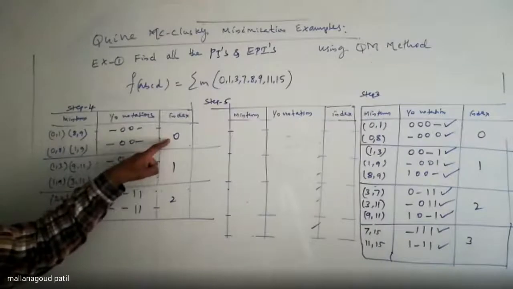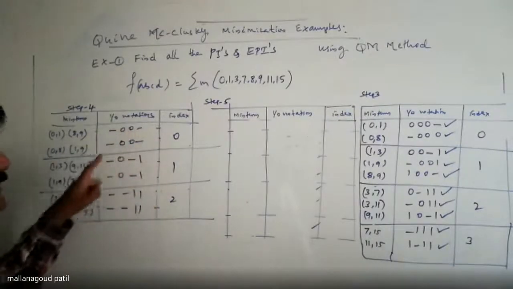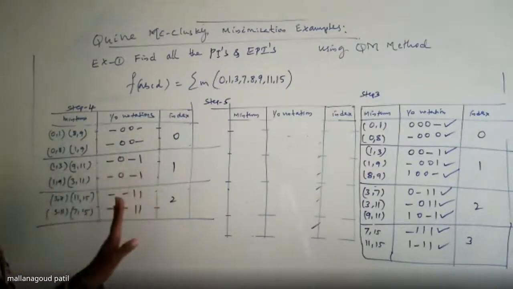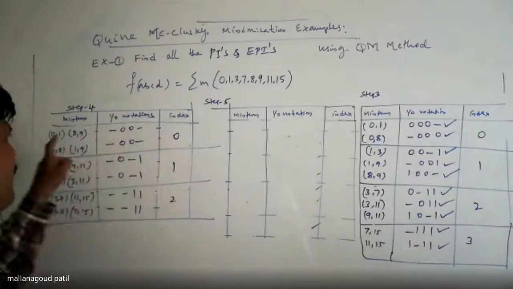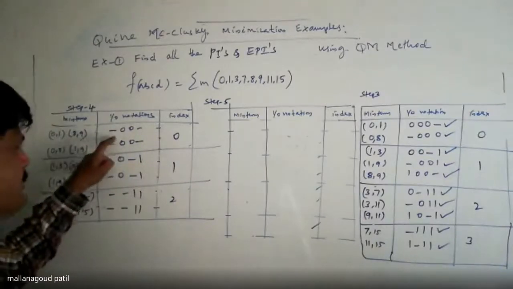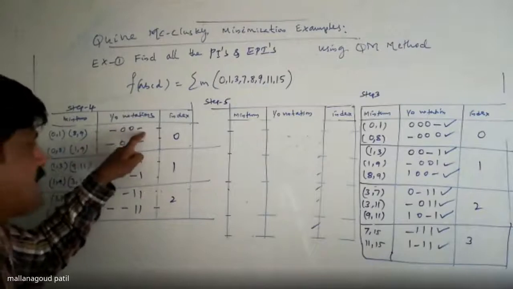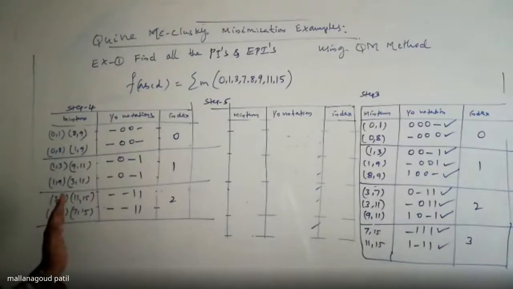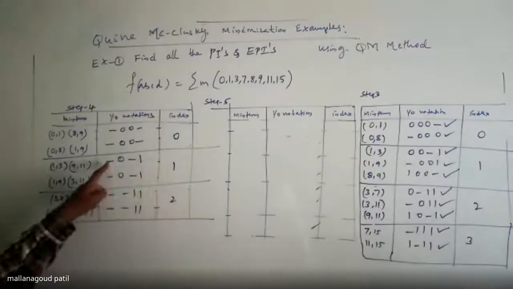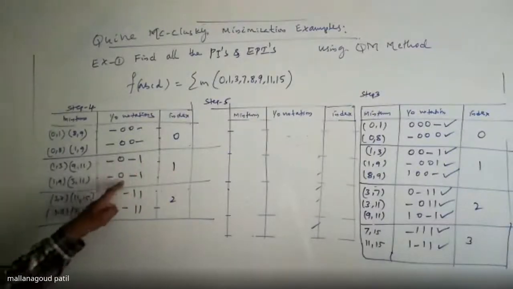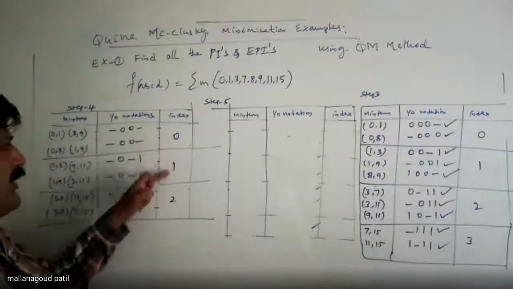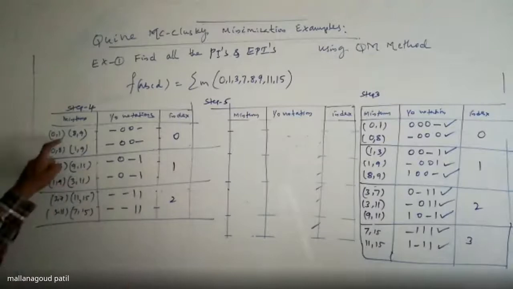When comparing index 0 and index 1, the first and last bit of index 0 should also be dash in index 1. In index 0, if I take 0, 1, 8, 9, how does it look? First bit dash, last bit dash. Do you need it in index 1? Is it there? No, sir, not there. Because in index 1 you have just dash 0 dash 1, where the first bit is dash but the last bit is not dash. Then index 0 and index 1 cannot be done with 0, 1, 8, 9.